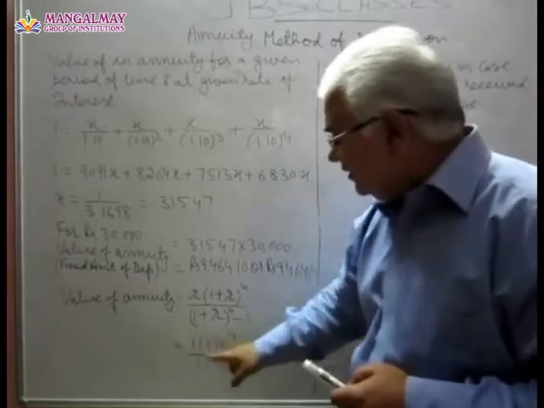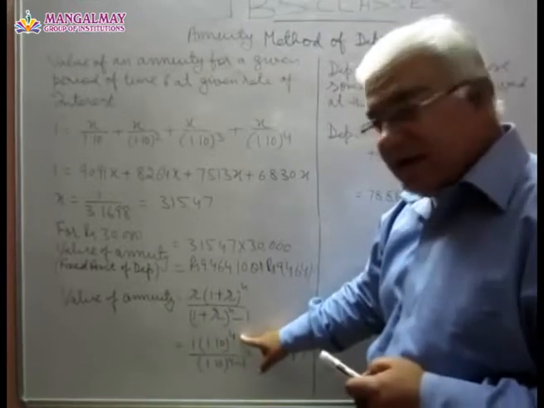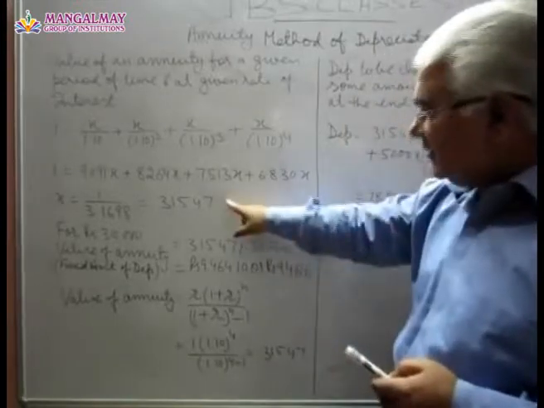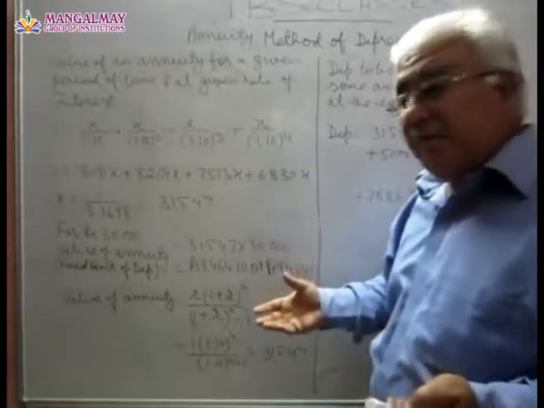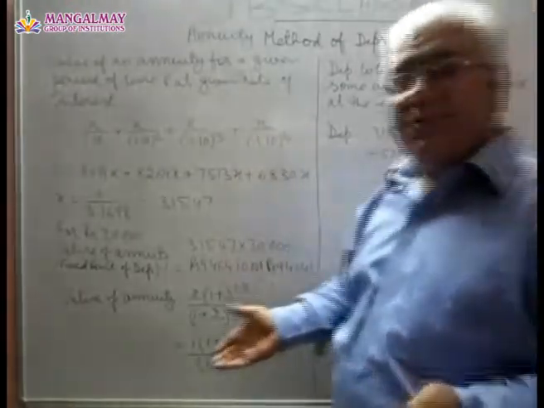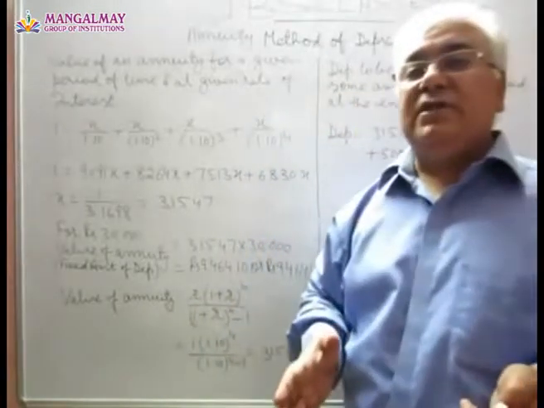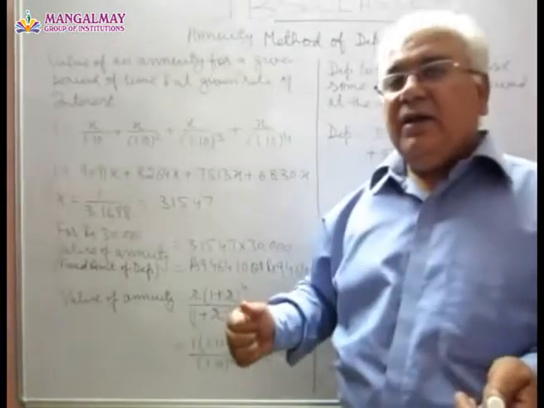So this is 10%. This is 1 plus 10%, 4 years, that is n. And this also gives us the same result as this. Okay. And these two options are available to you, and also you have the option of using the annuity tables. They are readily available. Okay.